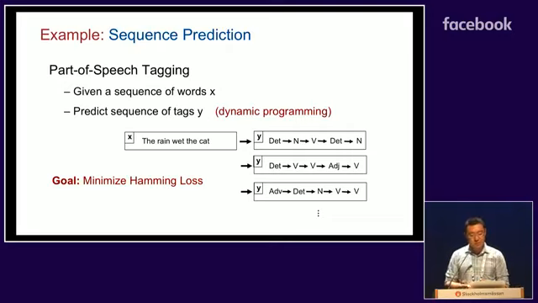So in part of speech tagging, which is an NLP application, we're given a sequence of words, X, and we want to predict a sequence of part of speech tags, Y. A part of speech tag are things like noun, verb, adverb, adjective, determiner, etc. And so because the space of all possible sequences is exponentially large, we typically use some sort of optimization procedure. In this case, we're going to use dynamic programming, such as the Viterbi algorithm. And the goal then is to find a parameterization of the cost function before we run dynamic programming, such that we minimize a global loss function over strings. In this case, let's just say it's Hamming loss.